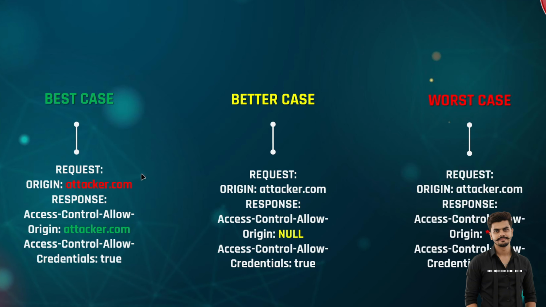Normally, most of the time, it will be like this. In the request part, when you add an Origin header, and if it is reflected in the response side with two special headers, then it will be the best case. In the same way, if it returns null, it's a better case. And if it returns an asterisk, meaning all, anyone can access. So that's a dangerous one.